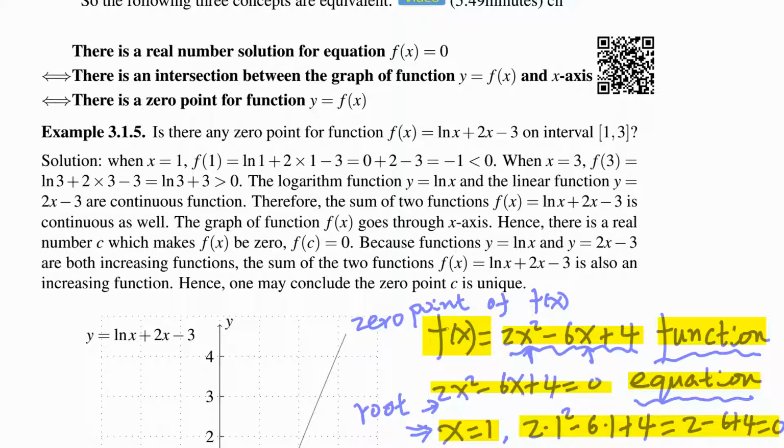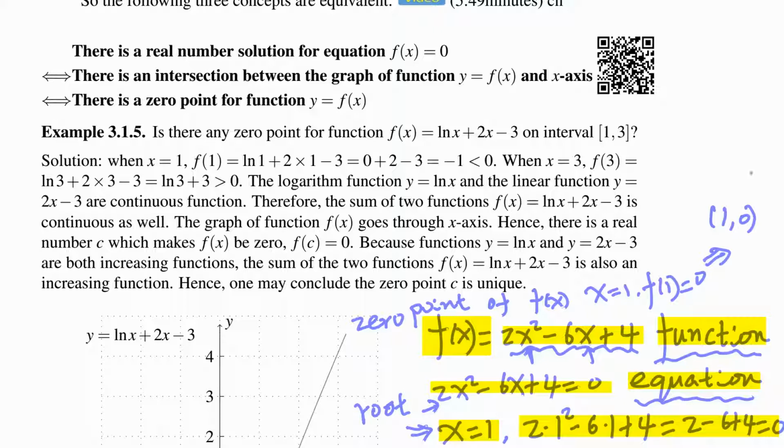Okay, so when x equals 1, f of 1 is 0. This basically tells us (1, 0) is on the graph.